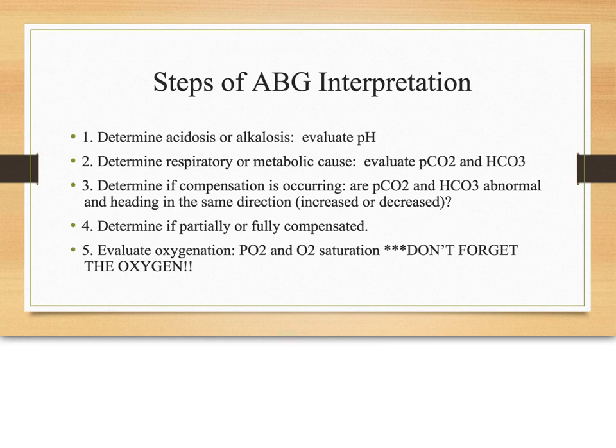If we see compensation occurring, but the pH is still abnormal, meaning outside the 7.35 to 7.45, we consider that partial compensation. And finally, the last step of ABG interpretation, which we don't want to forget, is to evaluate oxygenation status. And we do that, of course, by looking at PO2 and O2 sat, as it gives us very important information.